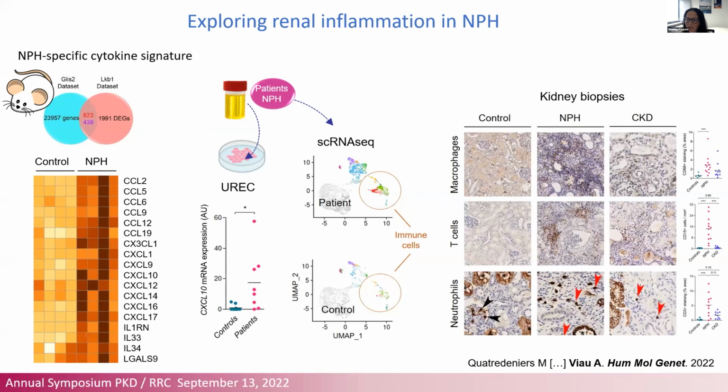Finally, she demonstrated that in kidney biopsies from patients with NPH, there was also recruitment of macrophages, T cells, but also specifically neutrophils. So this ended up being really a signature of a process that is altered and associated with nephronophthisis, along with PKD.